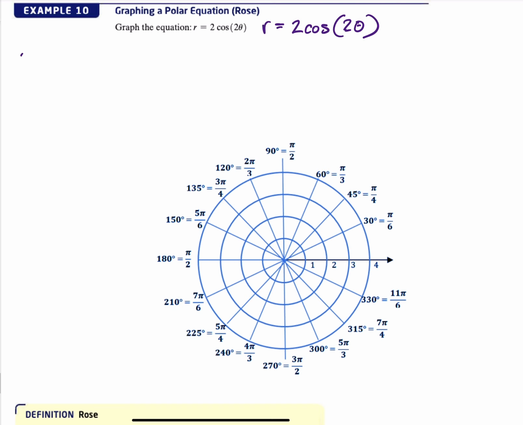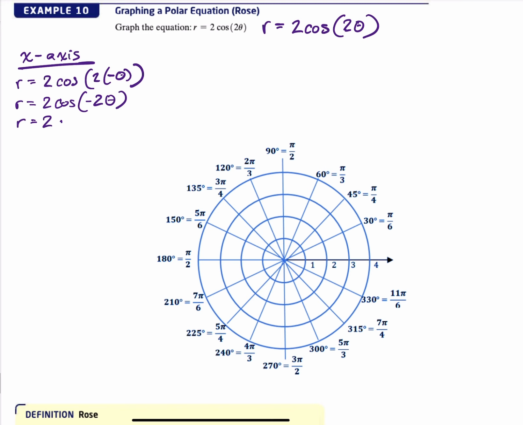So let's check our x-axis symmetry. We're dealing with the cosine, so we should expect that if we replace theta with negative theta, we're producing the negative of the angle, which will give us the same cosine value.